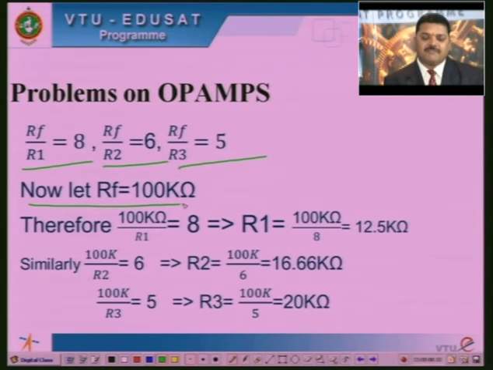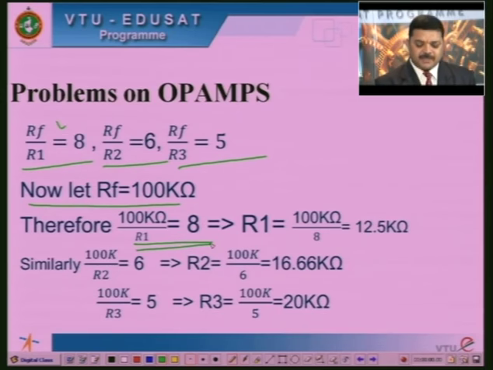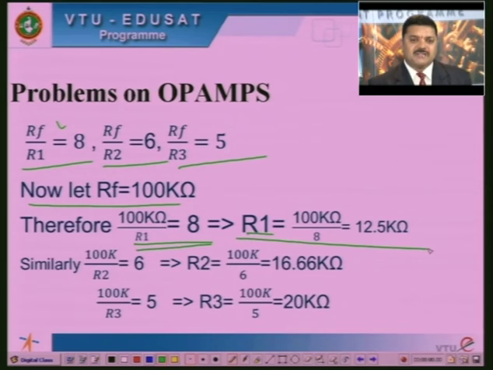If we take Rf as 100 kilo ohms, then 100 kilo ohm by R1 is equal to 8. So, what is the value of R1? R1 is 100 kilo ohms divided by 8, which is found to be 12.5 kilo ohms.